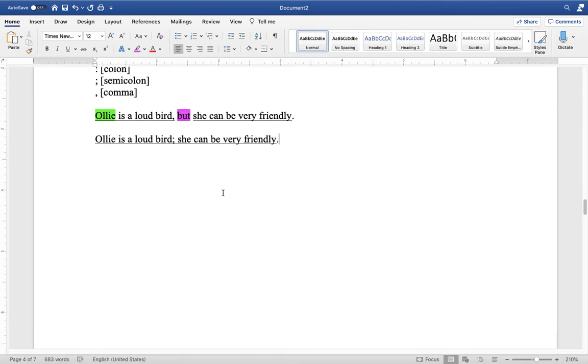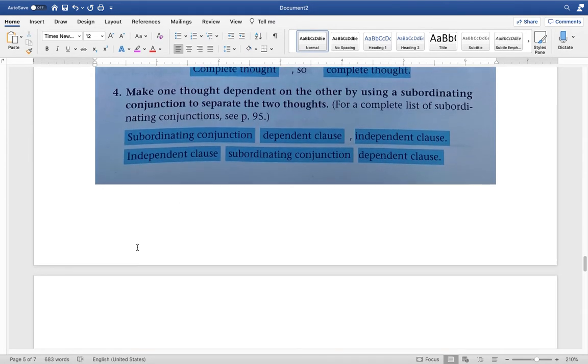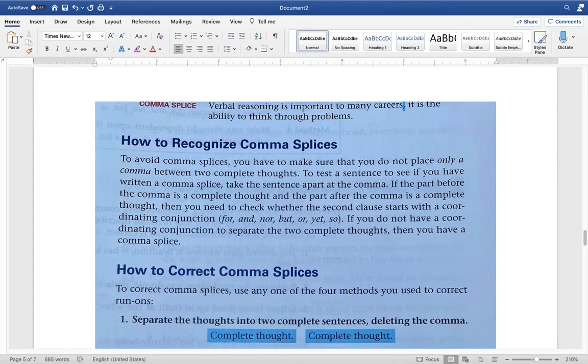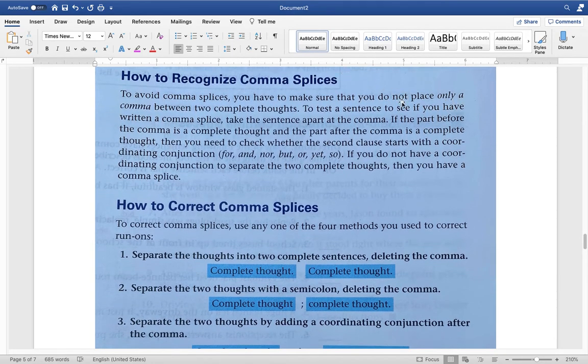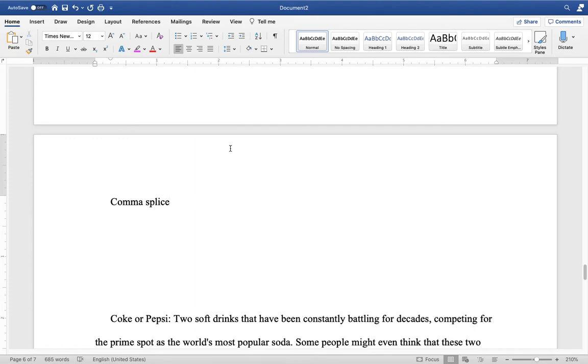So what is a comma splice? They talk about it here, and they say it right here: do not place a comma between two complete thoughts, which is what I was just showing you.